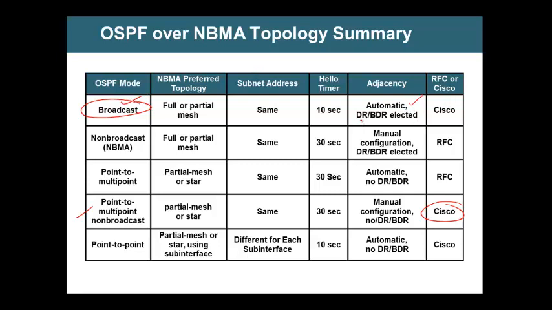Like frame relay, 10.0.0.1, 10.0.0.2, 10.0.0.3. All need to be in the same subnet. But in point to point, this can be 10.0.0.2, this can be 20.0.0.2. So now what you're going to do is take this physical interface and make two sub-interfaces.